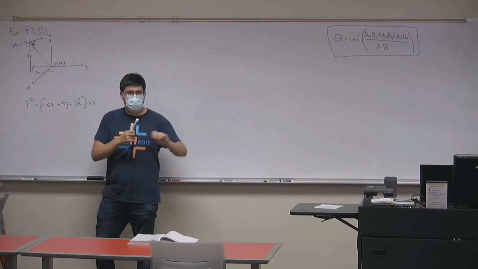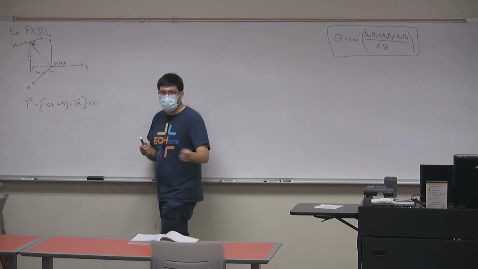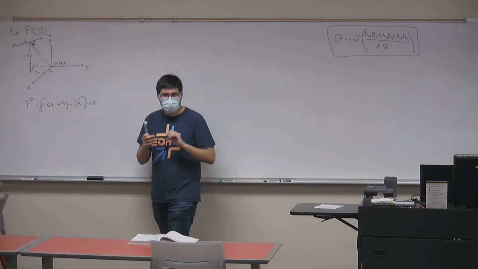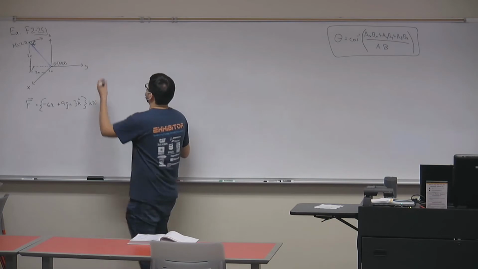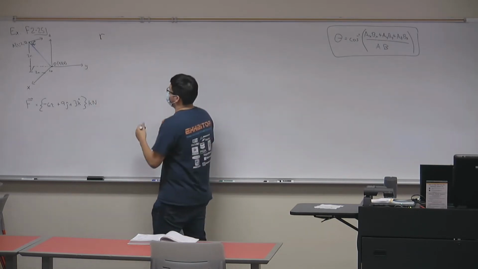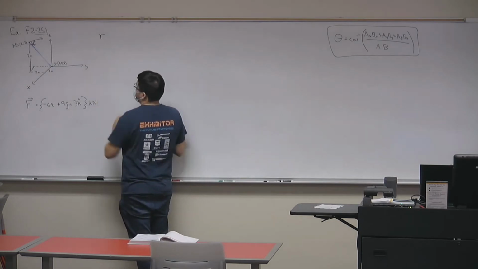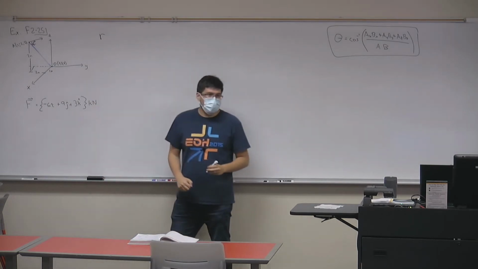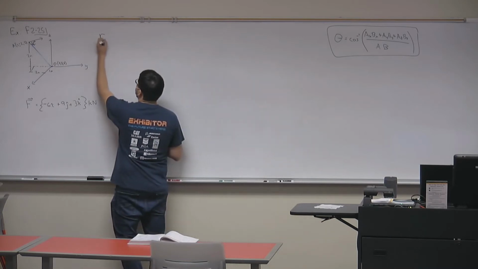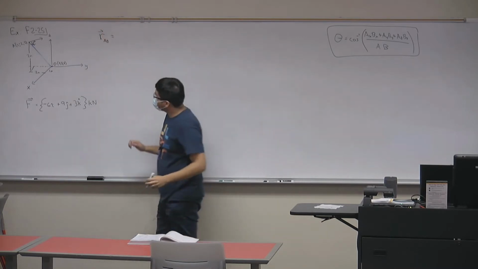The vectors that denote positions, position vectors. I was going to say, what do we call the vectors that denote positions, but that would have been too easy. So we want to find the position vector from A to O or O to A? From A to O, okay. Good. So let's find that vector.